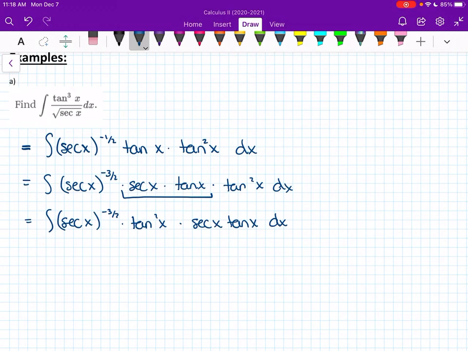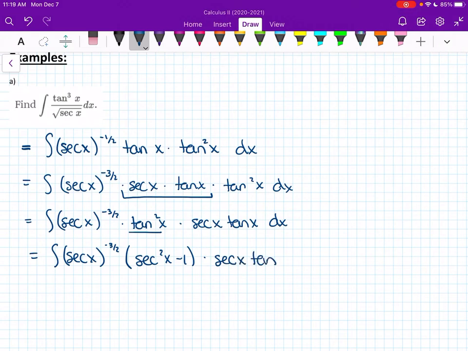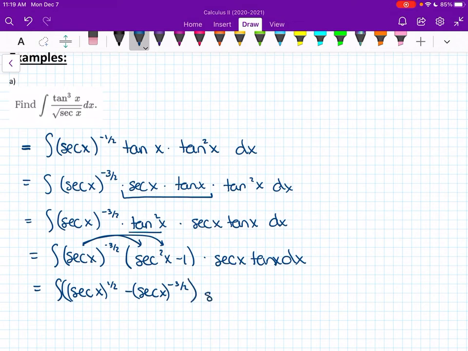Then I'm going to change this tangent squared to secant squared minus 1. So now I have secant x to the negative 3/2 times secant squared x minus 1 times secant x tangent x. If I distribute this, now I have secant x to the 1/2 minus secant x to the negative 3/2 times secant x tangent x.